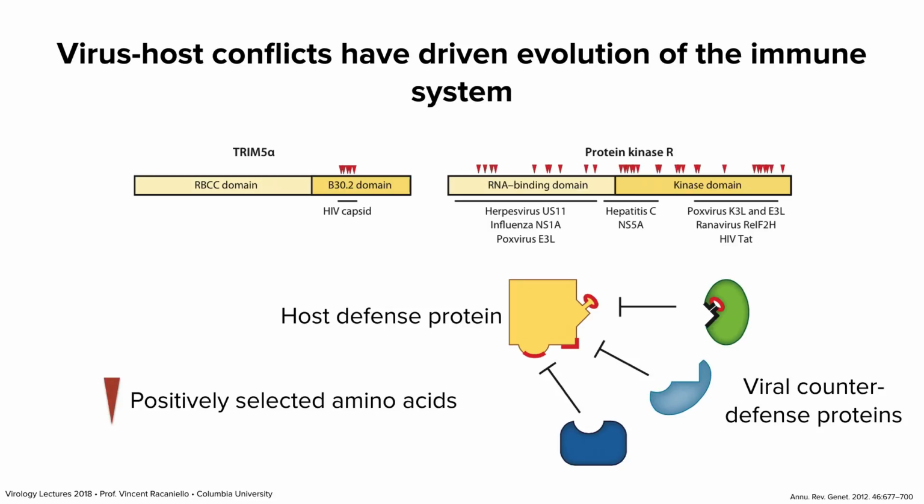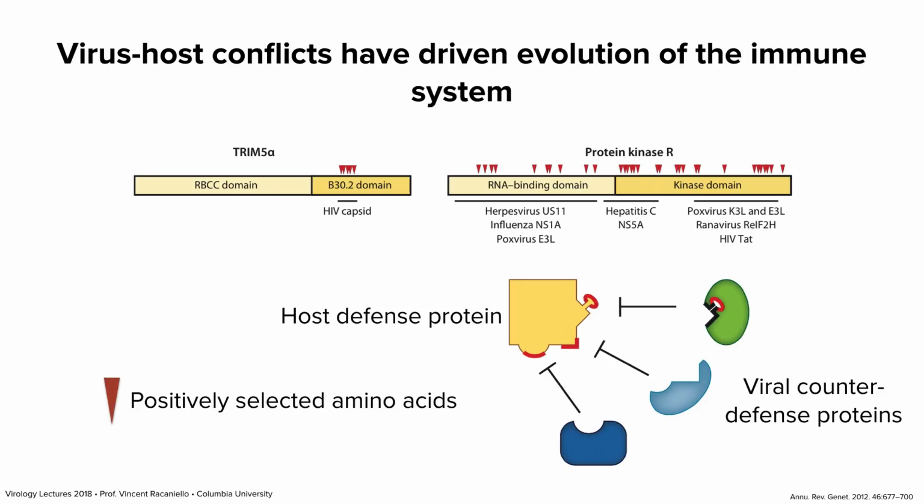On the right is PKR. I don't know if you remember PKR, but this is a host protein that is activated by double-stranded RNA, which phosphorylates the IF2 alpha and leads to translational shutdown. So it's a host defense protein. And this one has, again, by sequencing the protein from many different animals, positively selected amino acids throughout its sequence, in both the RNA binding domain and in the kinase domain.